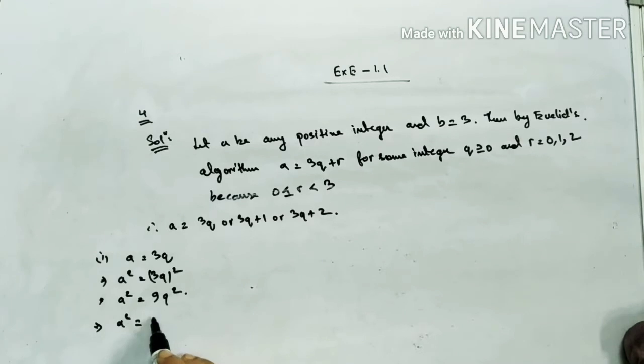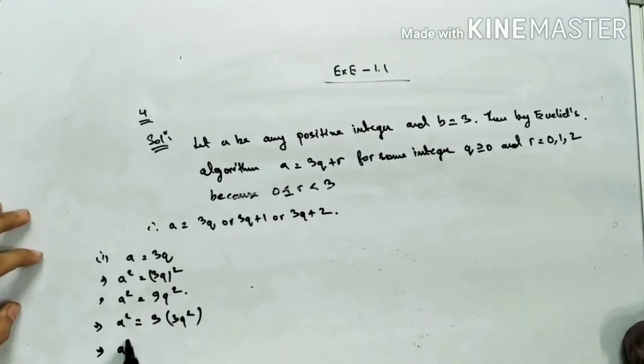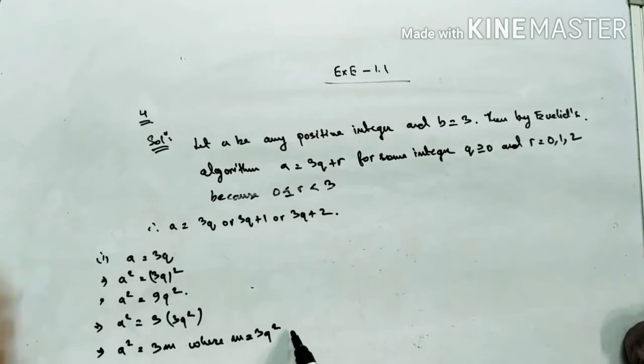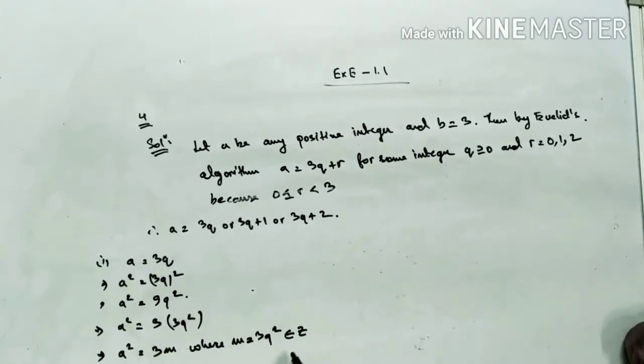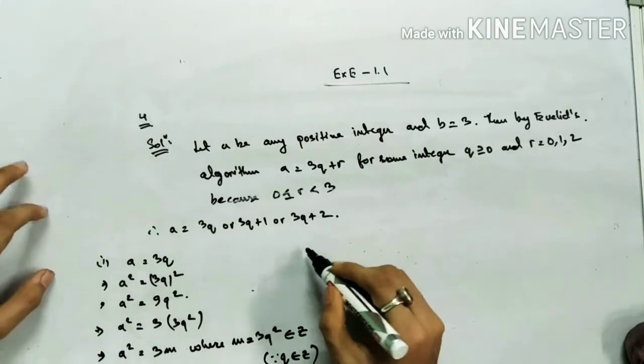So a square is equal to 3 into 3q square, which is 3m, where m is equal to 3q square and belongs to Z, since q belongs to Z.